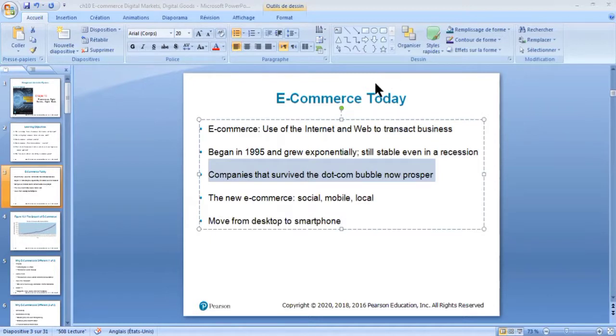E-commerce has become more social, more mobile, more global, and it remains the fastest-growing form of commerce when we compare it to traditional, classic brick and mortar commerce.